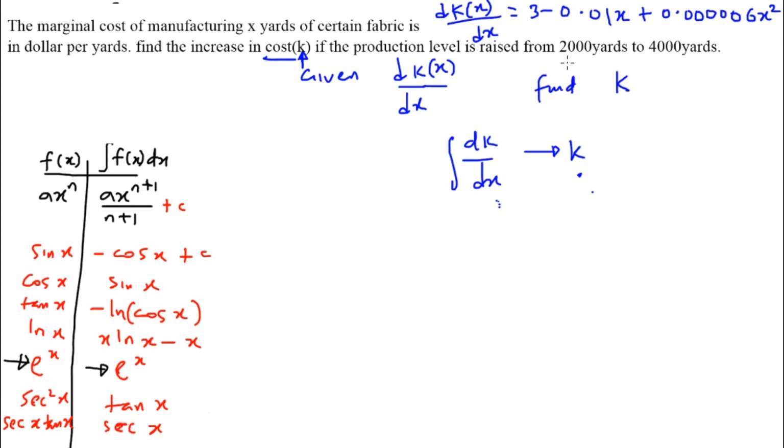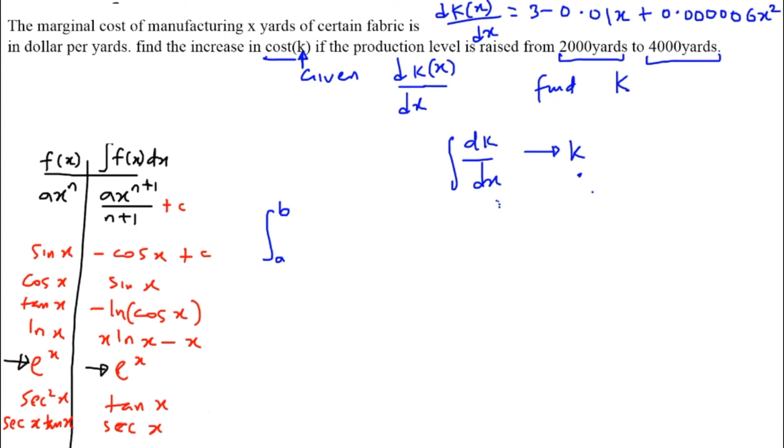But the question is saying that the k, which is the cost that we need to find by integration, there is an increase in that particular cost, and it happens from 2,000 yards to 4,000 yards. So it means that the kind of integration they want is a definite integral. A definite integral is an integral with limits, with boundaries, that is from a to b.